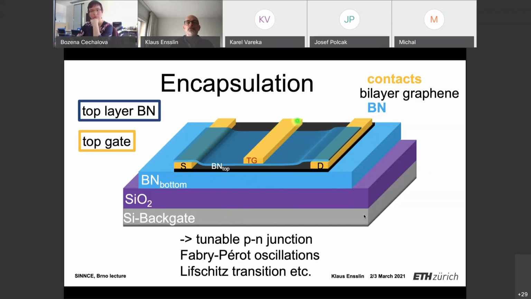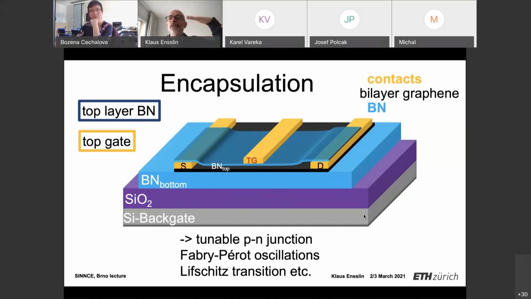But of course, there's this region here with a top gate where you can also apply a voltage from the top. So basically in this region, you can apply a vertical electric field by applying voltages to top and back gate. And you can not only apply an electric field, but you can also apply these fields relative to the chemical potential in the bilayer graphene.